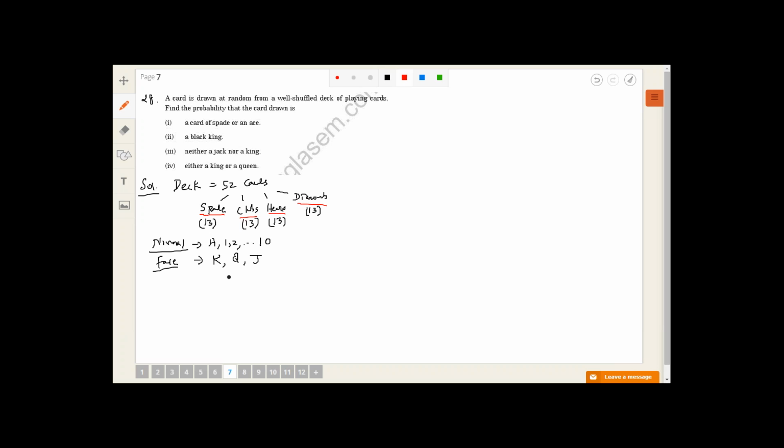Now let's deal with the first part of the problem. The first problem says probability of drawing a card of spade or an ace.